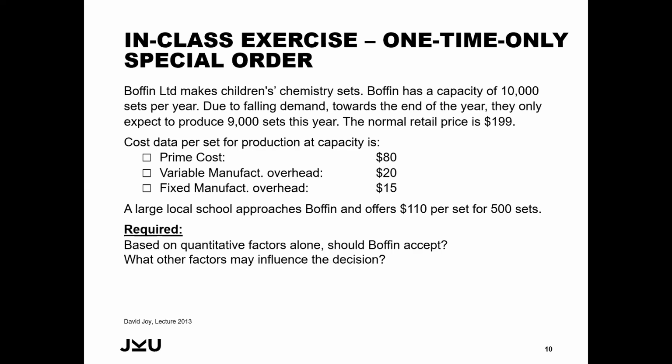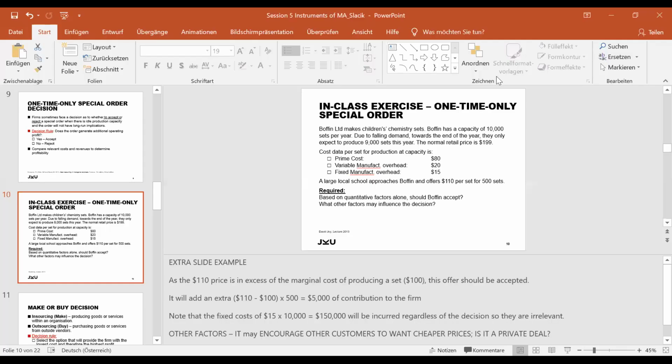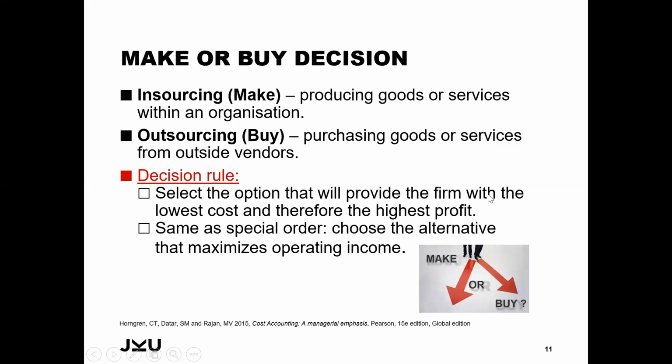The cost data per set for production at capacity is the prime cost of $80.